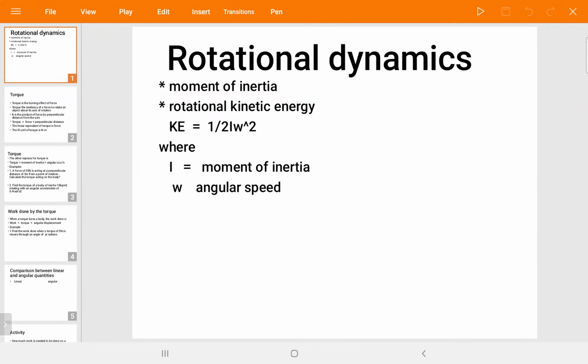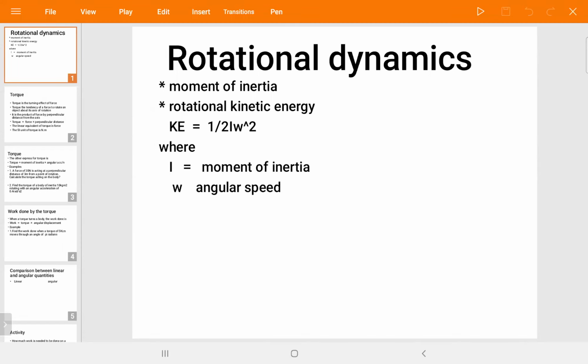For example, for a point mass, the moment of inertia of a body is mr square, where m is the mass of an object and r is the distance between the mass and the axis of rotation. For a disk, it is 1/2 mr square.